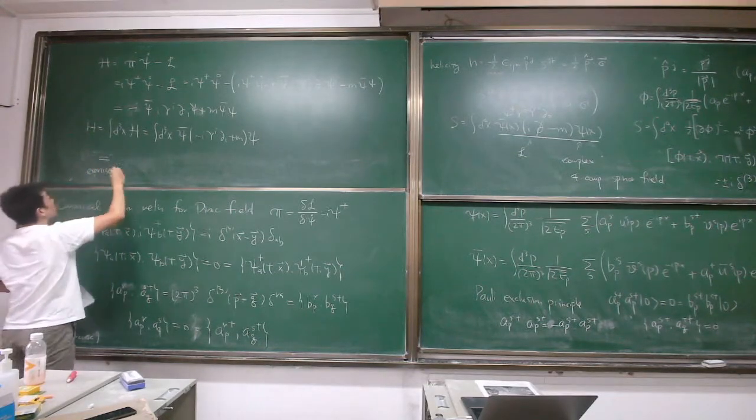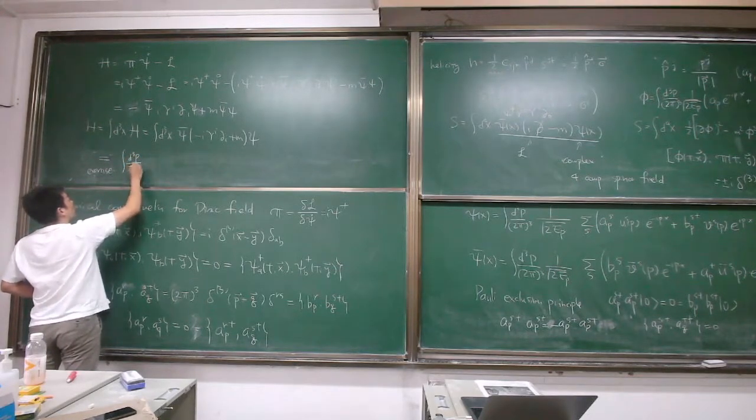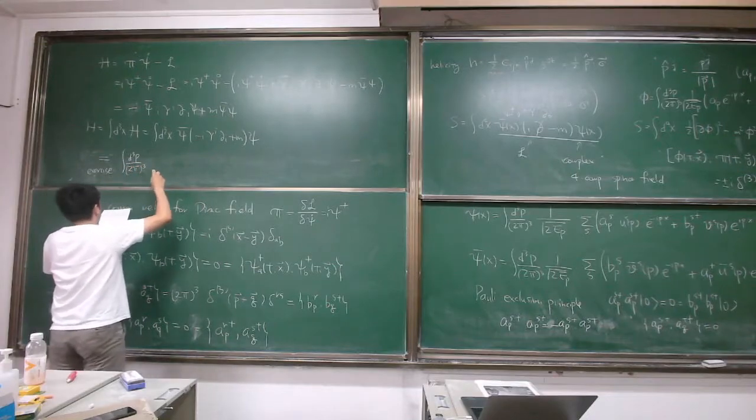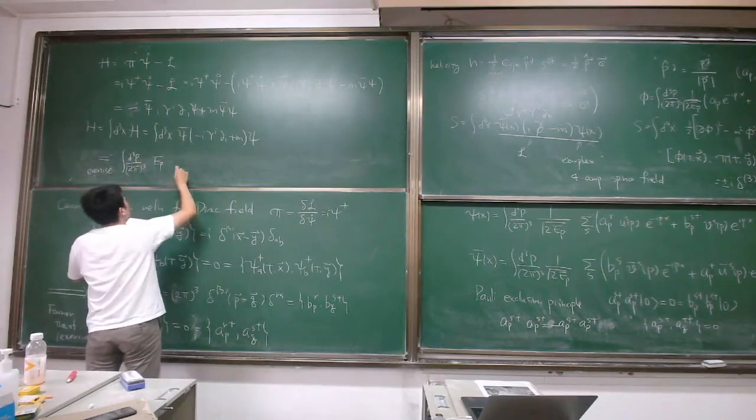What you end up with is the following. Plug it into here, d^3p over (2 pi)^3, and it's a very similar calculation to what you did in the scalar theory.